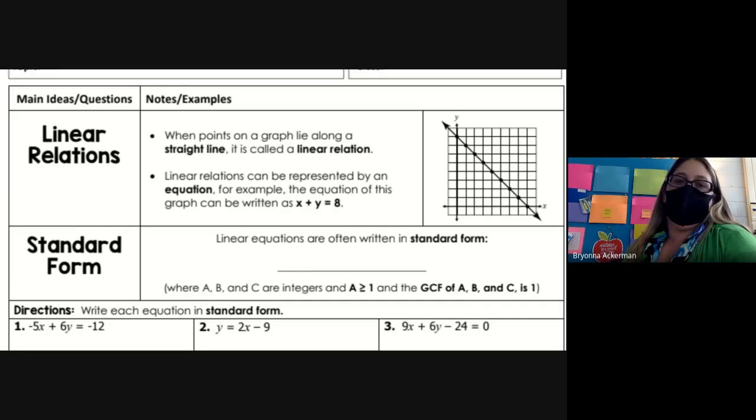So I'm going to divide all 3 terms by -1. That will now give me 5x minus 6y equals 12. That is standard form for number 1. Does 5, 6, and 12 have anything in common, all 3 of them? No. So I cannot take out a greatest common factor.